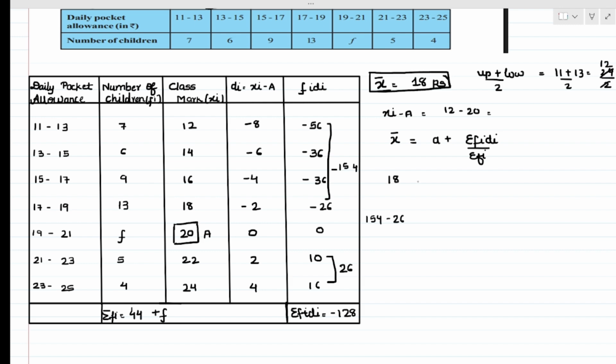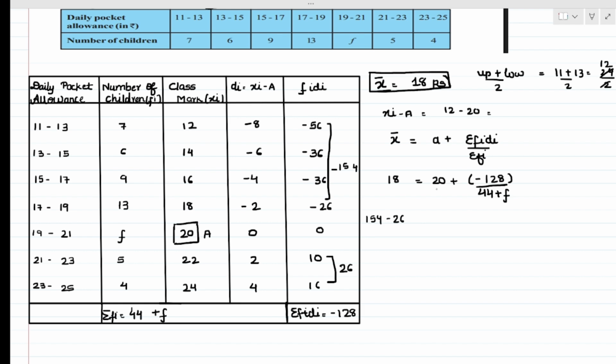So substitute over here 18 equals. In my case, what is my a? My a is 20. So write down over here 20. Plus, what is my sigma Fi di? My sigma Fi di is minus 128. So write down over here minus 128. What is my sigma Fi? My sigma Fi is 44 plus f. So write down over here 44 plus f.